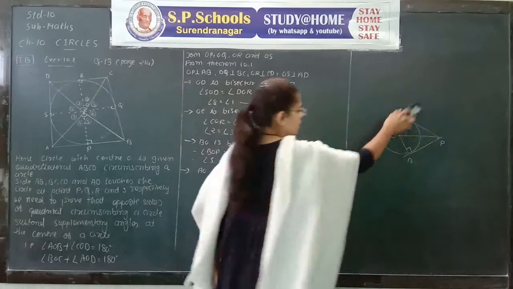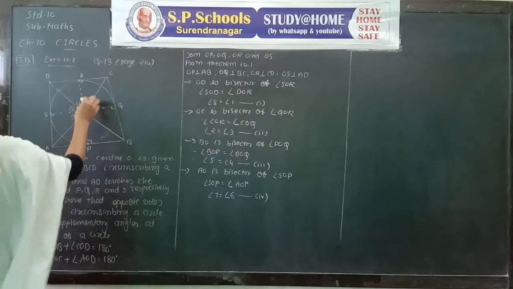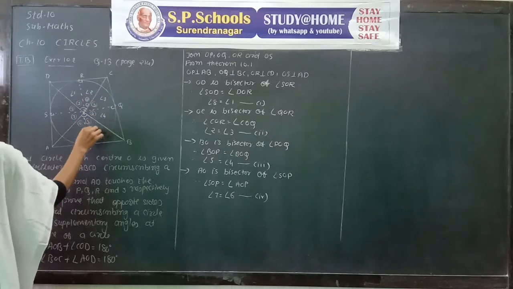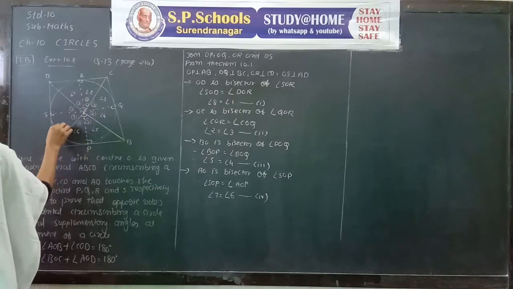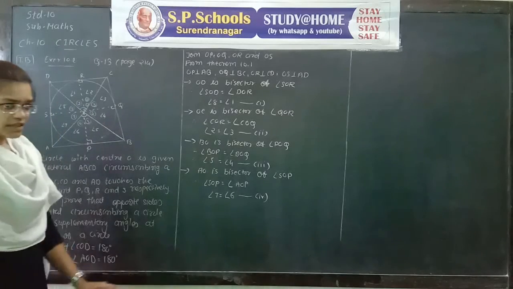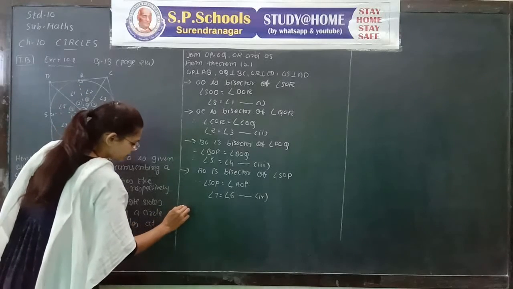Now we know angles 1, 2, 3 and 4. These are angle 1 through angle 8, and the sum of these 8 angles is 180 degrees.